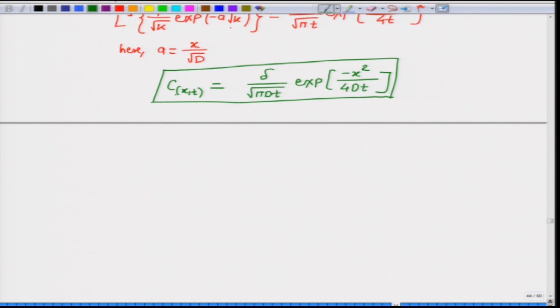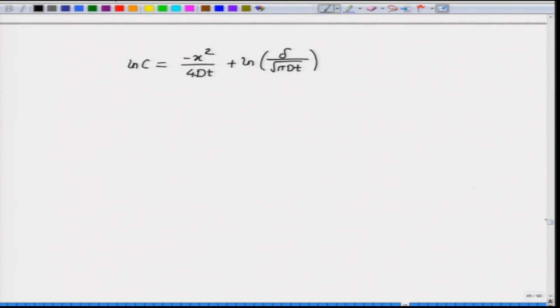If we take logarithm on both sides of this equation for C of x t, we will get ln C equal to ln of A times B is ln A plus ln B, and ln of exponential. So, this becomes minus x square by 4 d t plus ln of delta over root pi d t.